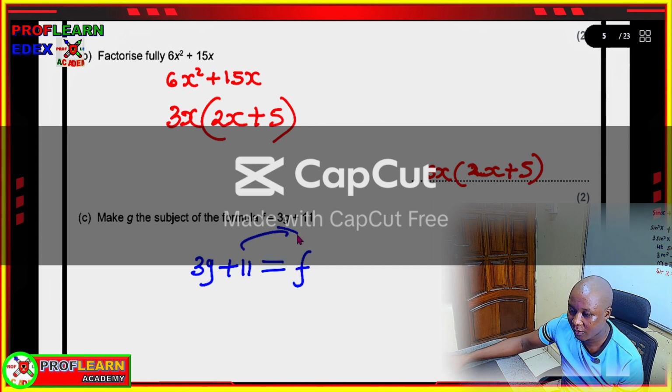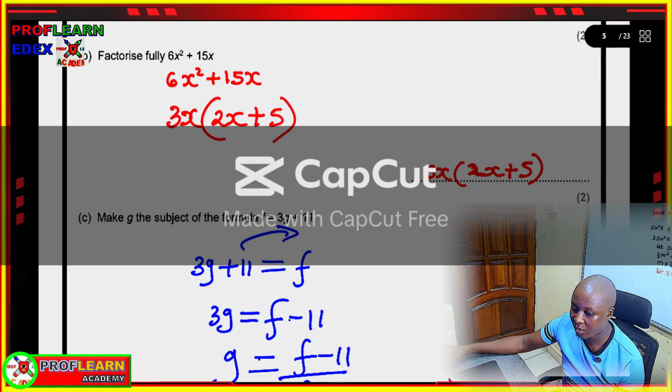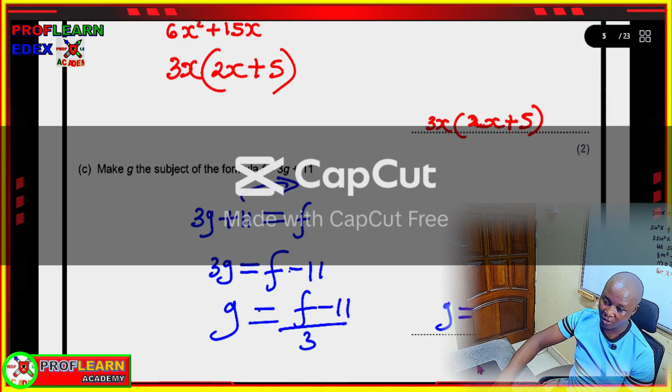We shall take 11 to the other side. We'll have 3g is equals to f minus 11, and then divide by 3 both sides. So we shall have g is equals to f minus 11 over 3 as our final answer in that case.